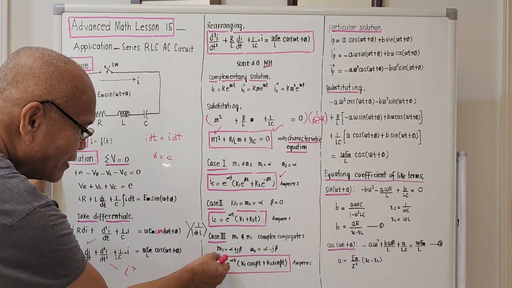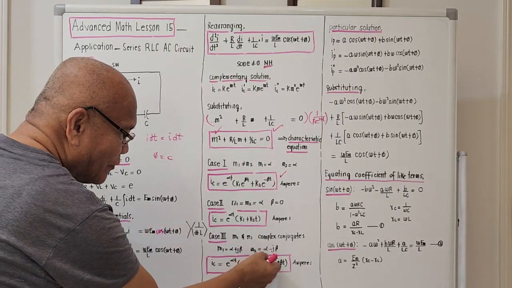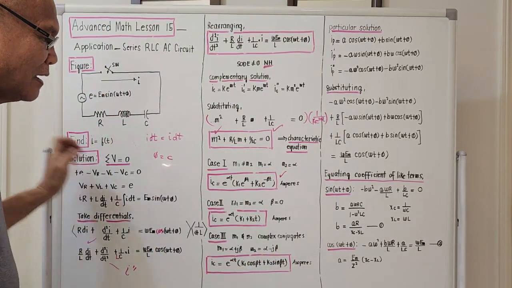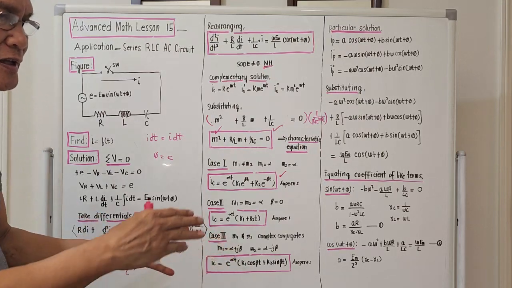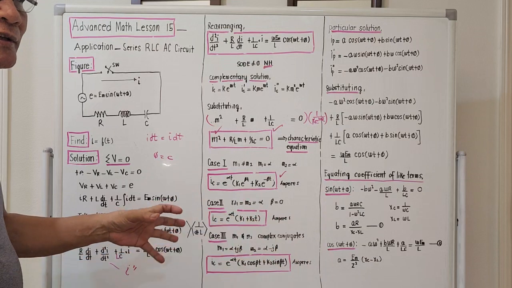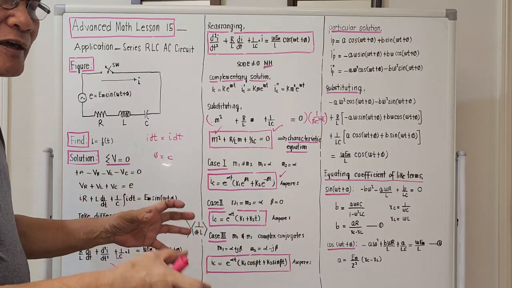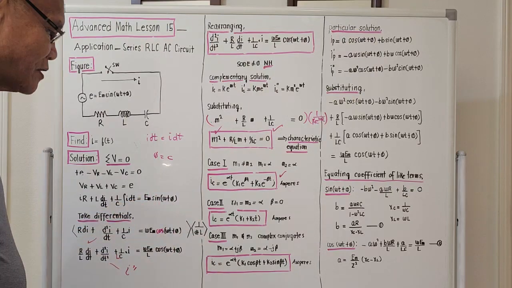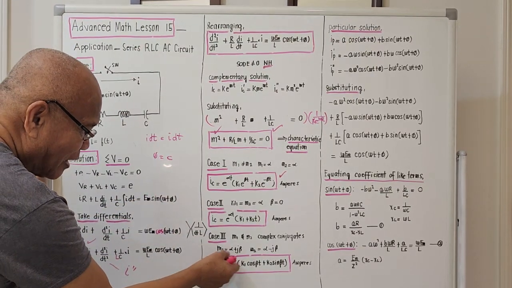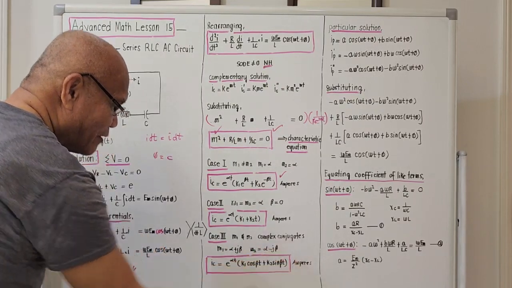That is, m1 is actually alpha plus j beta, and m2 will be alpha minus j beta. There is a j over here because the sign of the term inside the square root for the quadratic equation is negative. So whether we like it or not, the resulting m1 and m2 will be complex conjugates. That is, m1 is alpha plus j beta, m2 will be alpha minus j beta.